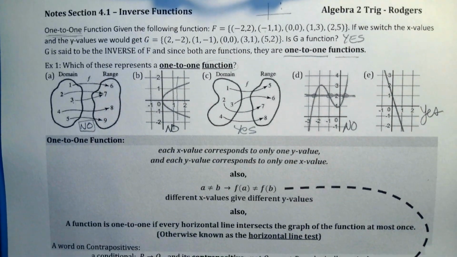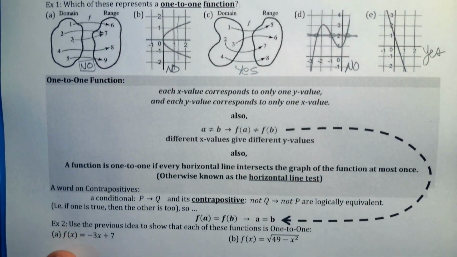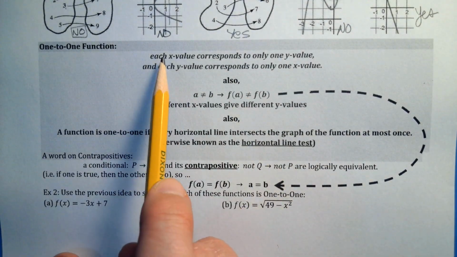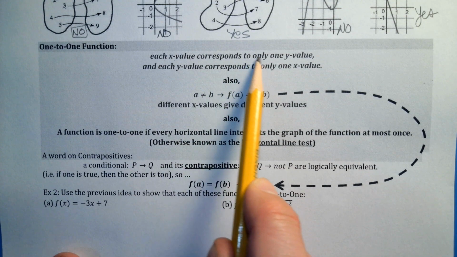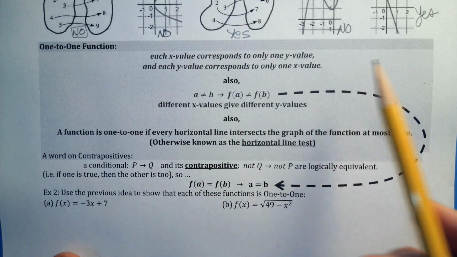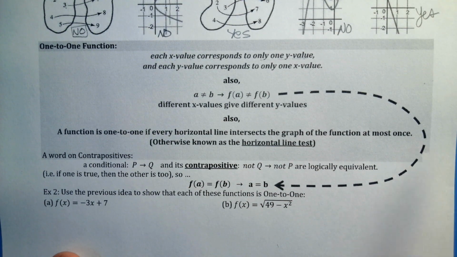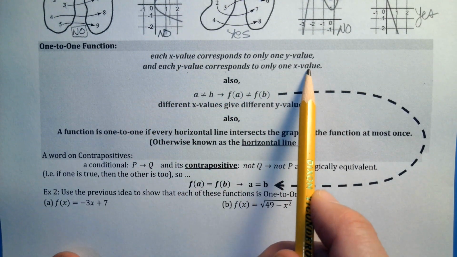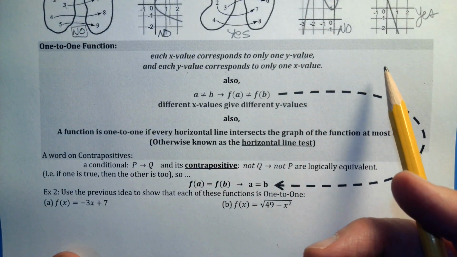Okay? All right, so let's play around with this one-to-one some more. Each x value corresponds to one and only one y value for it to be considered a one-to-one function. And also each y value corresponds to only one x as a result.